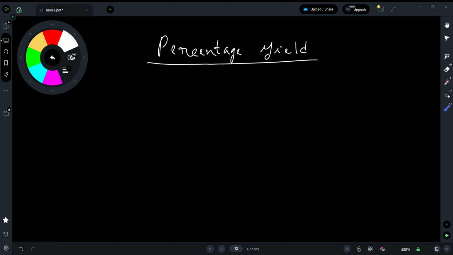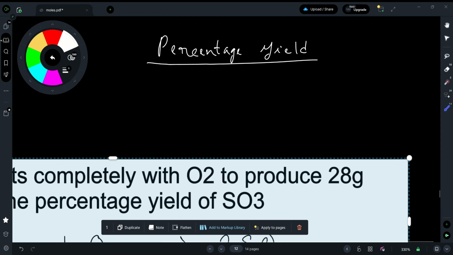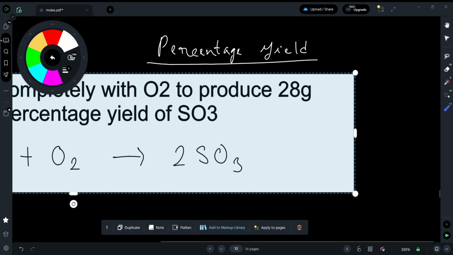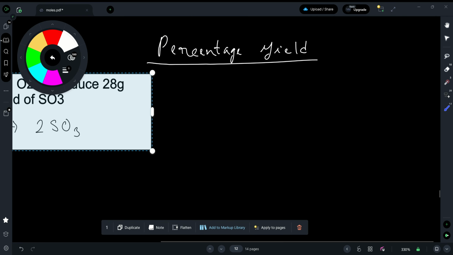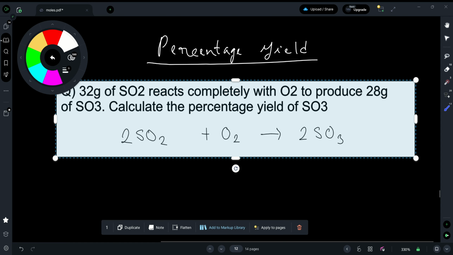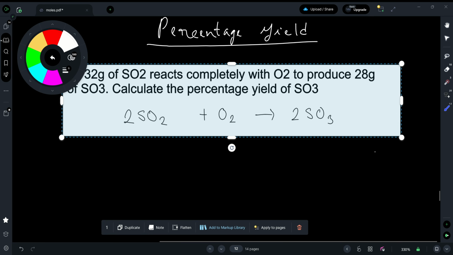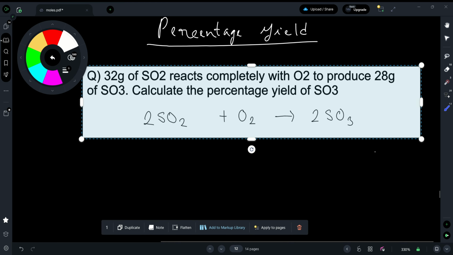Okay, got the question. So there's stoichiometry here. This is basically just another stoichiometry question. You'll see what I mean.